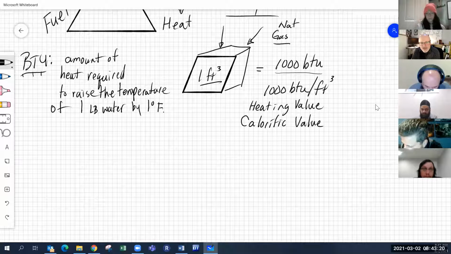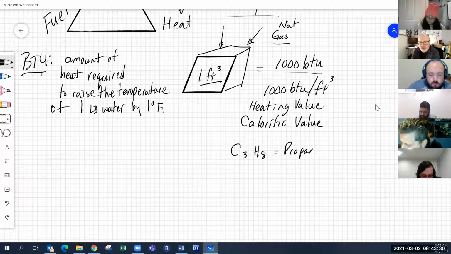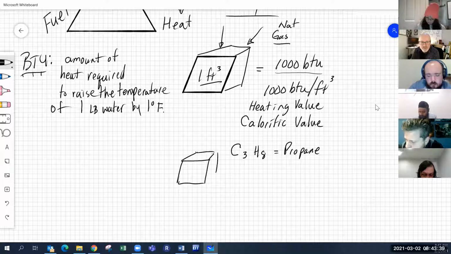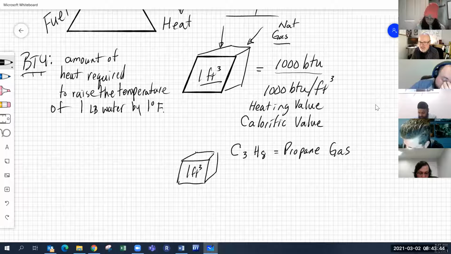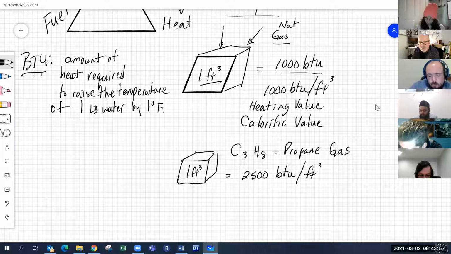Now, there is another one that we need to be concerned about, and that is C3H8. And this is propane. And propane also has a heating value. So if I had 1 cubic foot of propane gas, this is gas only, not a liquid yet, just C3H8 propane gas, you can get 2,500 BTUs per cubic foot.